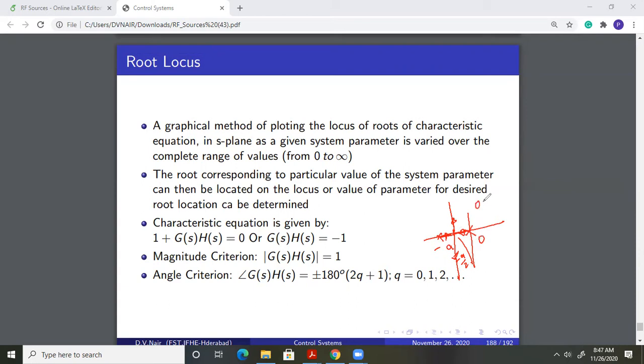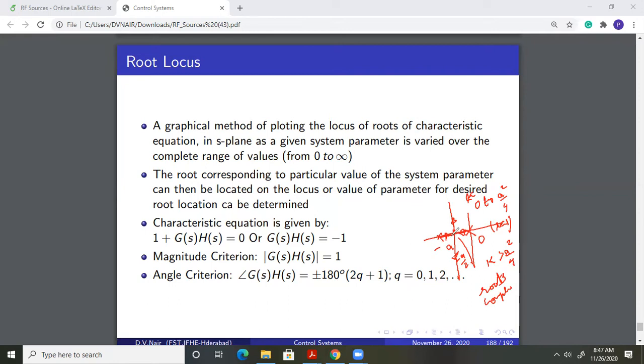So when k was 0 to a square by 4, roots were real, and for k greater than a square by 4, they became complex. And that is how the root locus developed further.